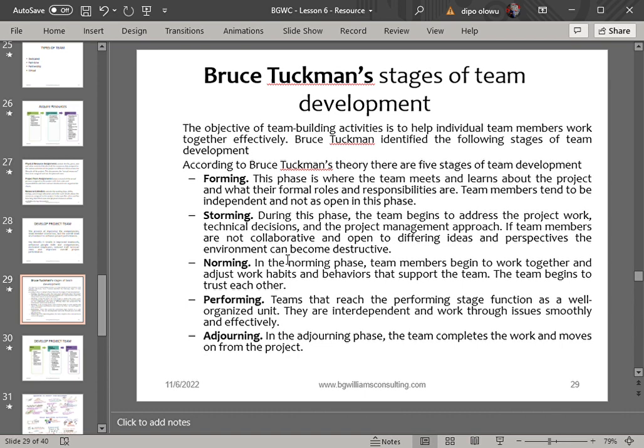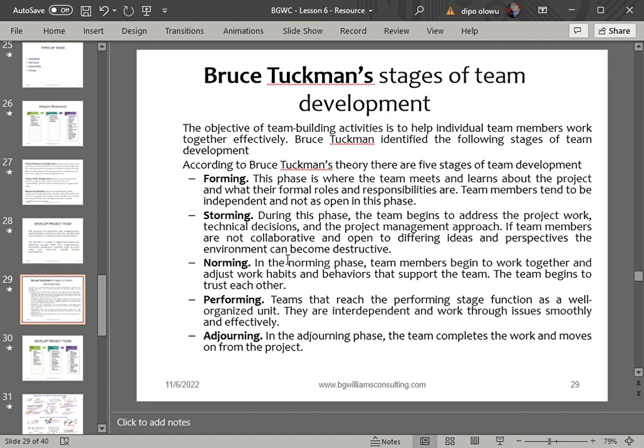We refer to that as the performing stage. That is the stage whereby even when somebody is missing in the team, you won't get to know. Why? Because everybody has gotten to the stage where the relationship is very tight and they can work effectively together. So if Wale is not around, you won't know because Kunle understands how to work with Wale, he can fix it. That is now the performing stage.